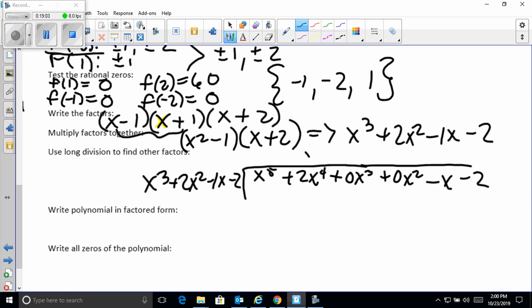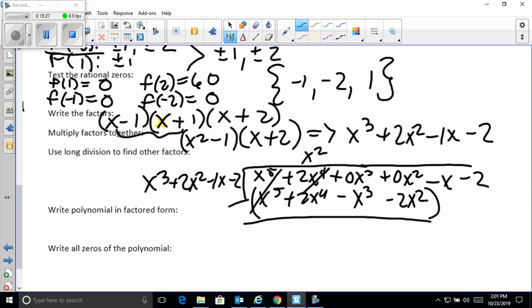So how many times does that go in there? x squared. That's x to the 5th, 2x to the 4th, minus x to the 3rd, and then minus 2x squared. I'm subtracting this, which cancels that one, cancels that one, makes this x to the 3rd, and makes this one plus 2x squared.